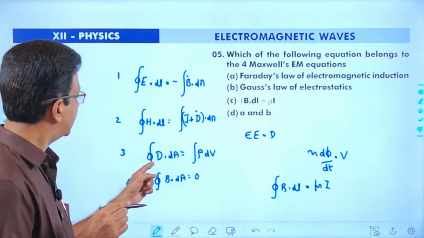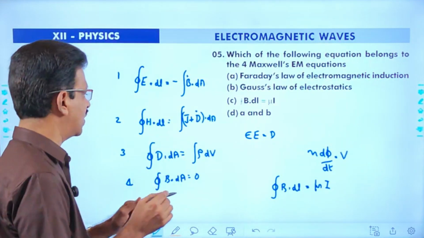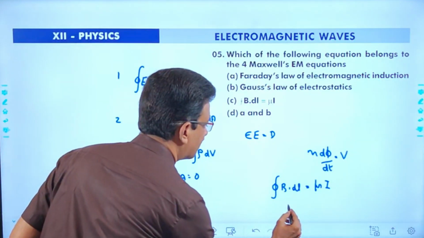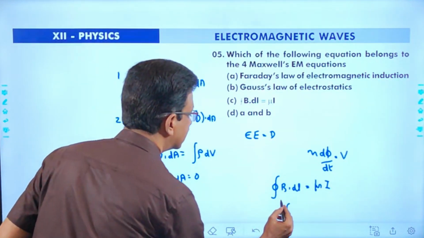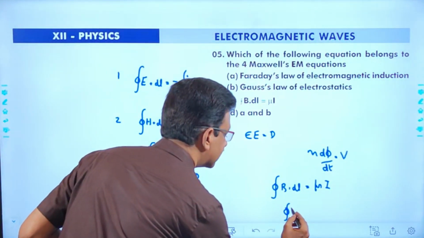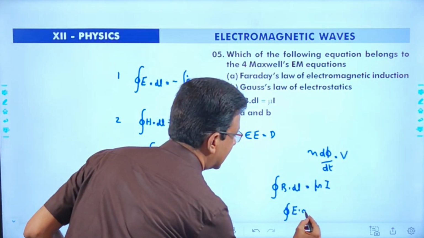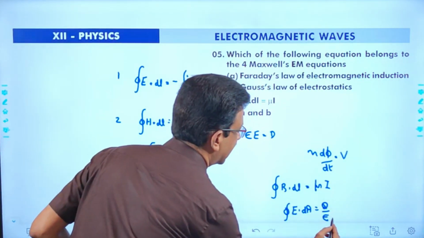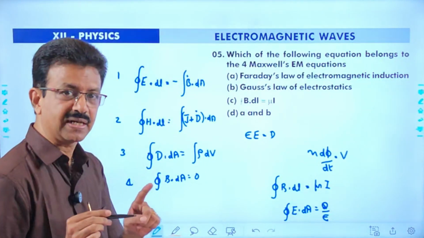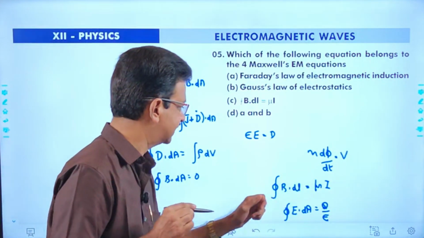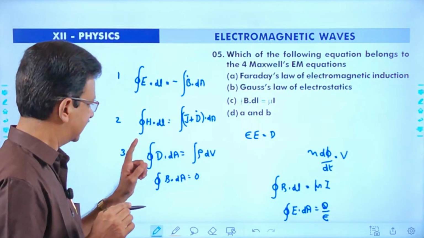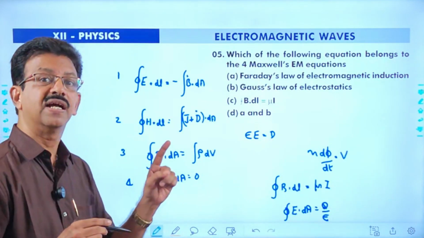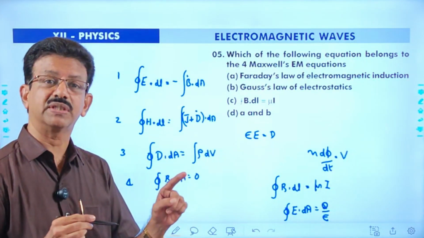Third one is D dot dA equal to integral rho dV, and in its common form it becomes E dot dA equal to Q by epsilon. Epsilon E is capital D, electric flux density, and E is the electric field intensity. Therefore, the third one is Gauss's law of electrostatics.